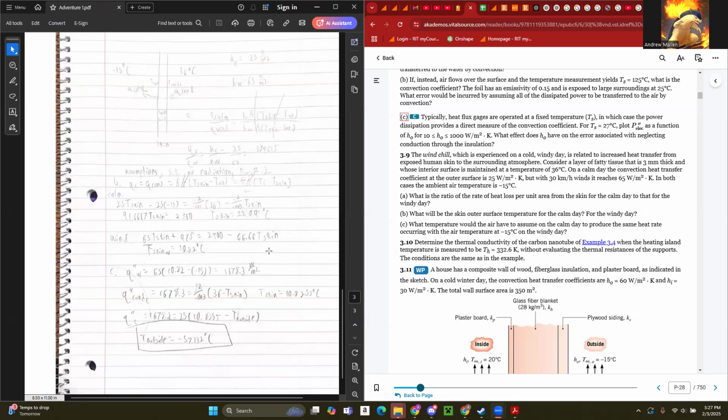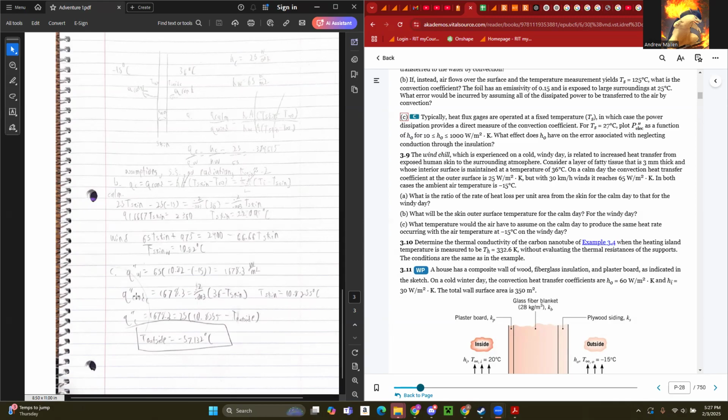First, knowing the values for the windy day, we want to determine the heat flux. So we plug the T skin into the equation for heat flux due to convection, which is just the convection coefficient times the change in temperature, to get 1,678.3 watts per meter squared.